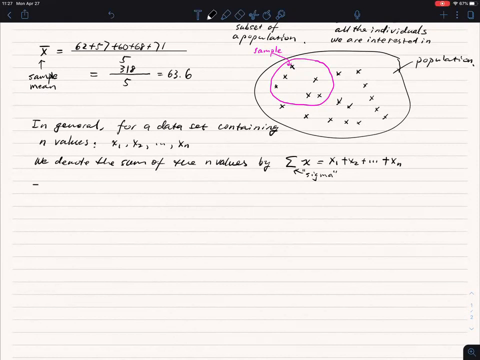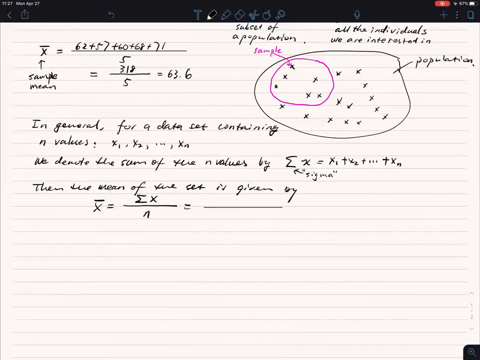Then the mean of the data set is given by x bar, called the mean: the sum of all the values of x divided by n. This is just a shorthand. If you really want to write this out, you write x1 plus x2 plus all the way to the last one and divide by n.